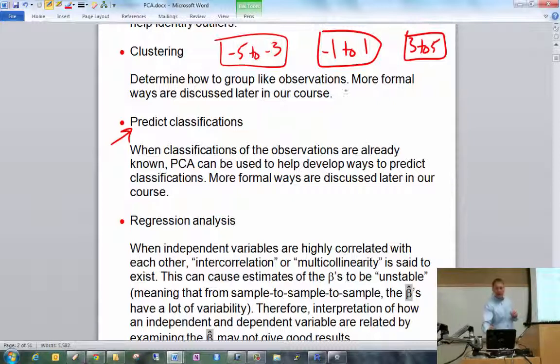And then, similar to what we did here, you could look to see whether all my successful place kicks fall here, and all my failed place kicks fall over there. If so, now you have come up with a simple way to predict the classification of the data.